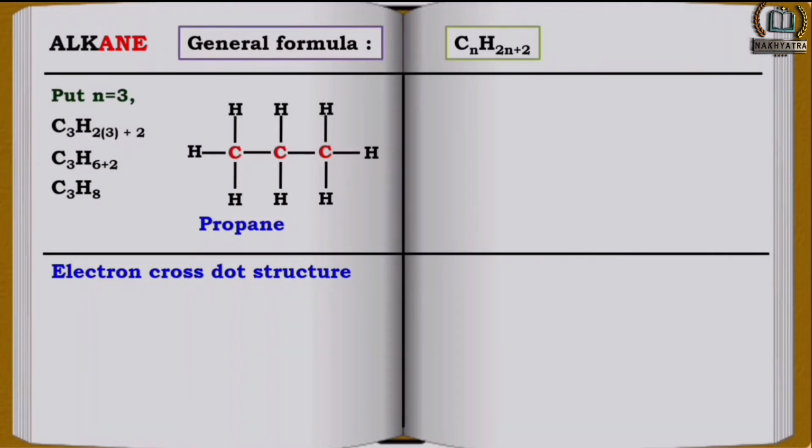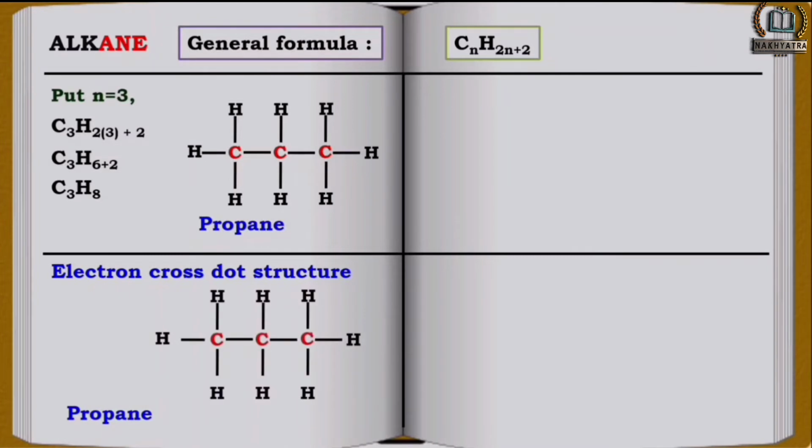Okay. Now see the electron cross-dot structure for propane. It is very similar to methane and ethane. Again the dot represents the electrons of hydrogen and the cross represents the electrons of carbon. Clear everyone?